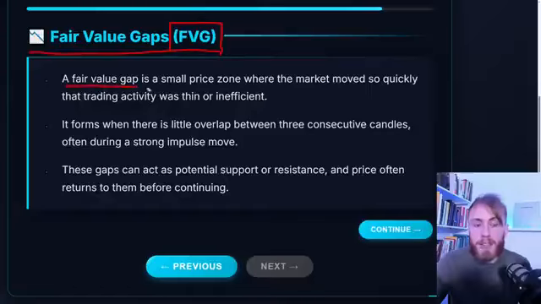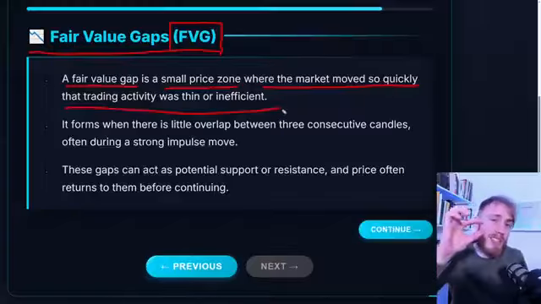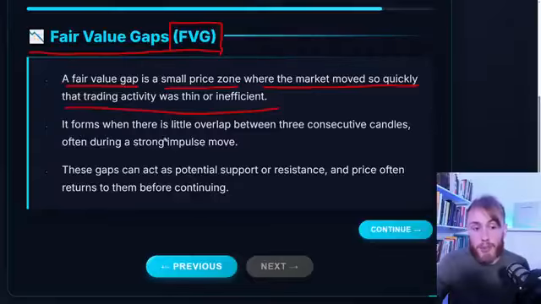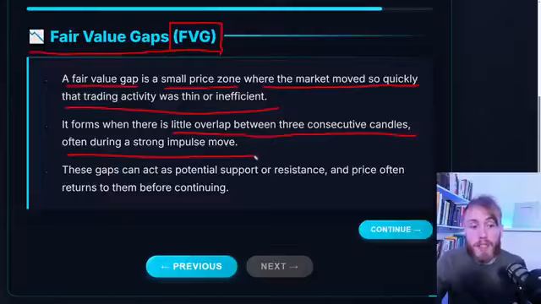A fair value gap is basically a small price zone on the chart where the market moved so quickly that trading activity was thin, also known as inefficient. A fair value gap forms when there is little overlap between 3 consecutive candles, and it often forms during a strong impulsive move.